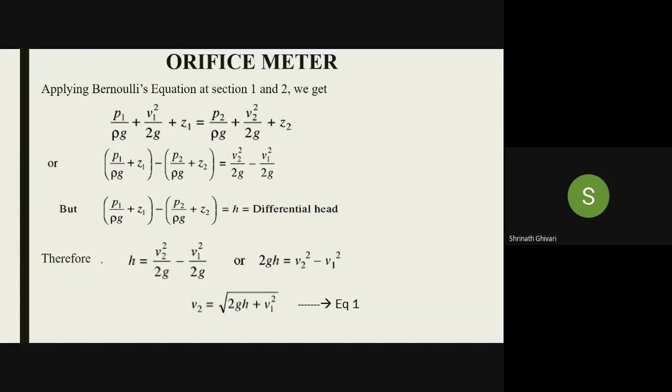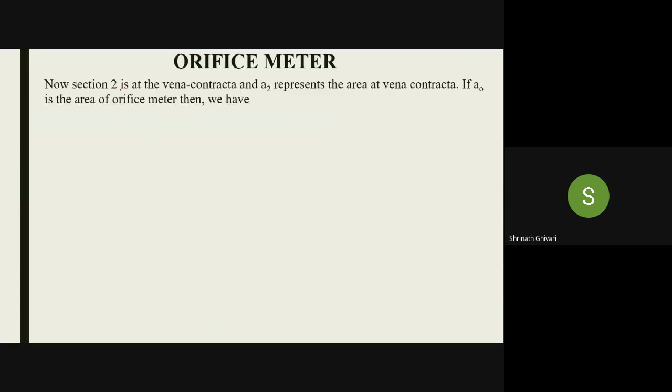Next. Now section 2 is at the vena contracta and A2 represents the area at the vena contracta. Whatever section 2 we have found out, this is the pipe and this is the orifice plate. This is the orifice, and this is section 1, this side. This is section 2, which is the vena contracta.